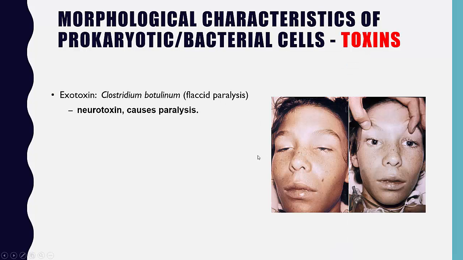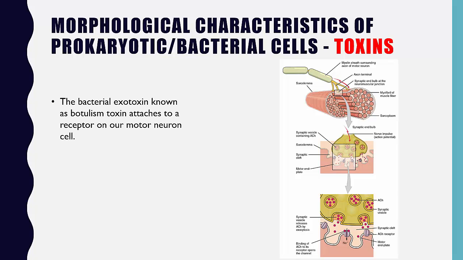Flaccid is weak. Now, you can imagine your diaphragm is sort of around the periphery, right? And you need that to breathe. So this can kill you. This is a very nasty toxin. All right. So this is pretty much how it works. Now, hopefully you do remember from your anatomy, well, actually it'd be physiology, that you have neurotransmitters, right?